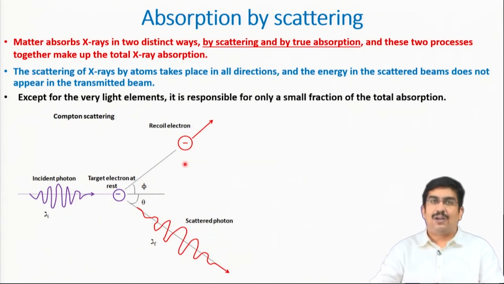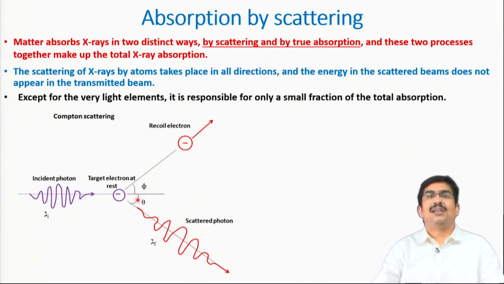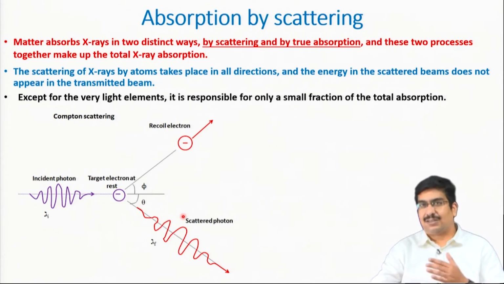So, scattering we have already discussed in terms of electron scattering. There we discussed different processes, elastic interaction, inelastic interaction and so on. Pretty much the same thing here. You have an incident X-ray and then the X-ray either can just get deviated from its original path because of the Coulombic interaction, or in special cases it is diffracted as well.